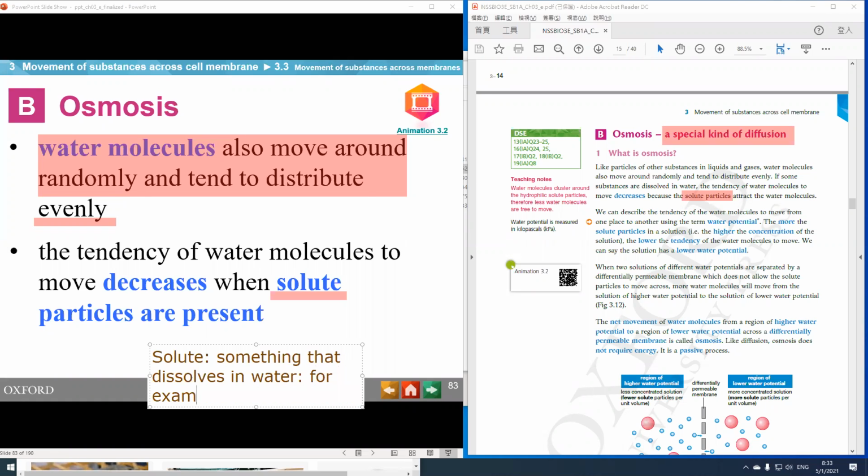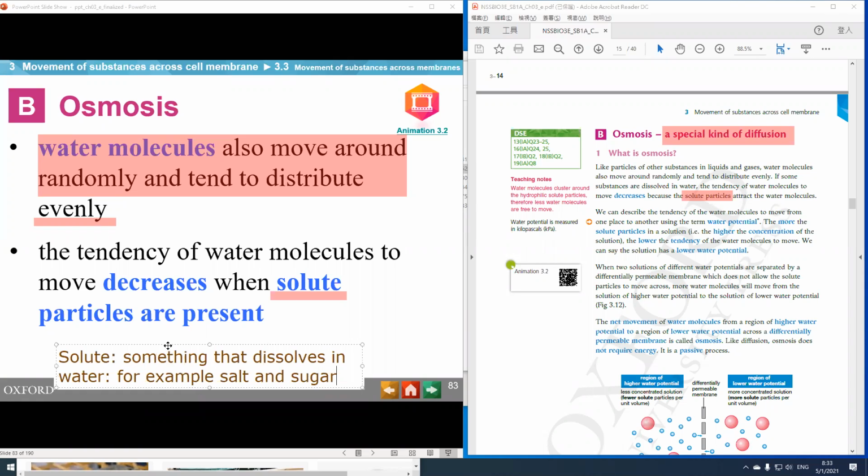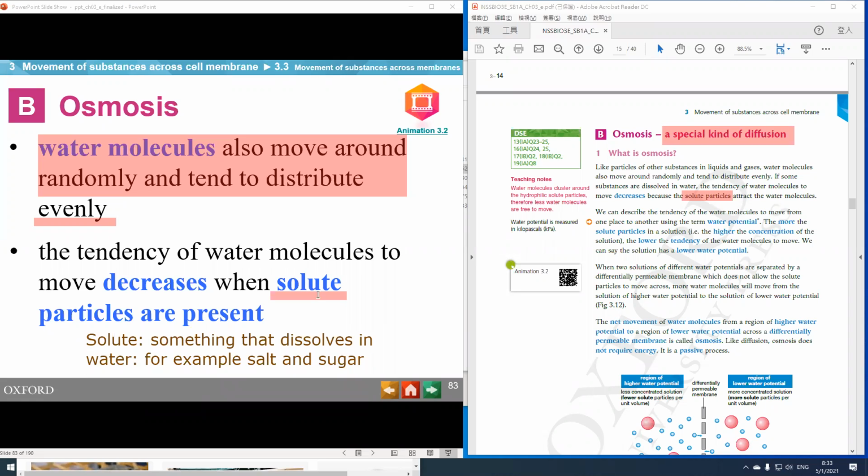For example, salt and sugar. Okay? Please write down now. On page 15, what is solute? Solute is something that dissolves in water.